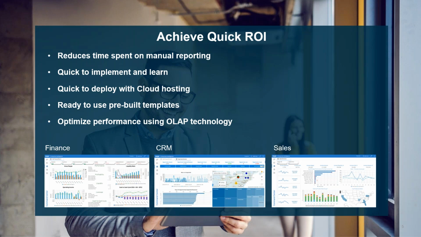But at the end of the day, the most important point I want to mention about the ROI is the fact that we're so seamlessly integrated with Sage solutions. In this case, we're talking Sage 300, but we deliver reports out of the box and pre-built data models specific for Sage 300 that allow you to hit the ground running from day one with the solution. So when we go to install, we set up a number of our pre-built reports, preset KPIs, dashboards, so on and so forth, that you're actually able to start taking advantage of right out of the gate.